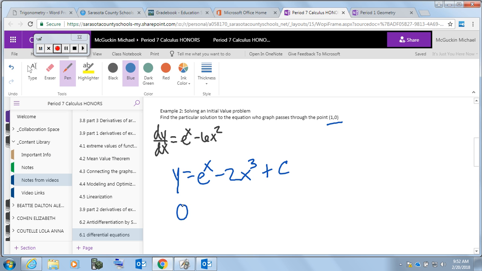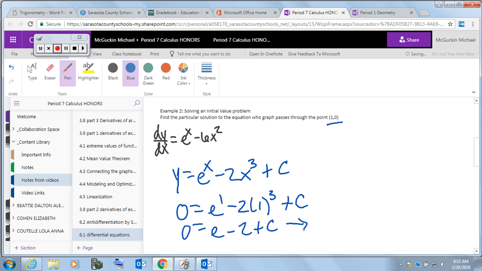So 0 for y, substitute 1 in for x, and let's see what that constant actually was. Maybe it was 0, maybe it's got value to it. Let's take a look. So 0 equals e minus, well, 2 times 1, that's just going to be minus 2, plus c. I want to go ahead and find out what c is.